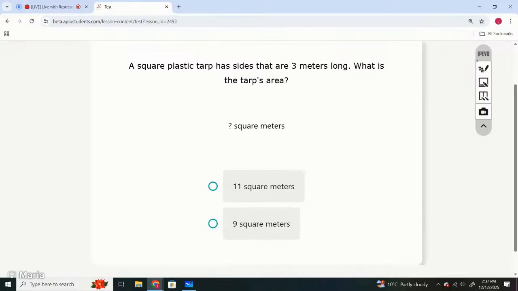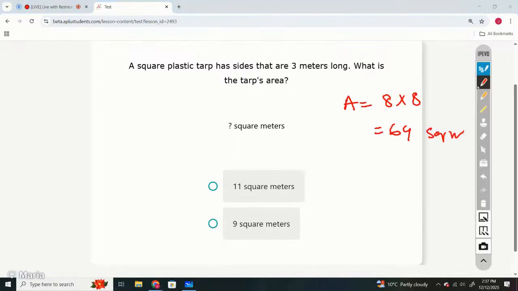The square plastic tarp has sides that are 3 meters long. What is the tarp's area? So that is a square plastic tarp. We need to calculate the area. So the area is side times side.